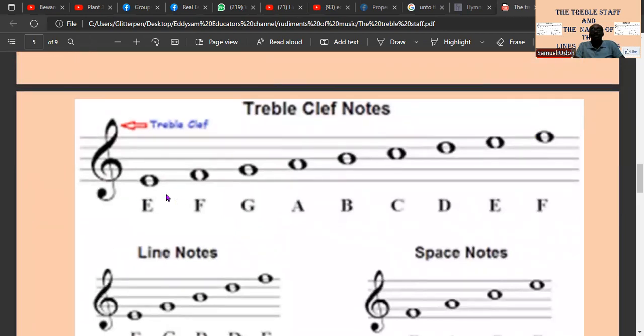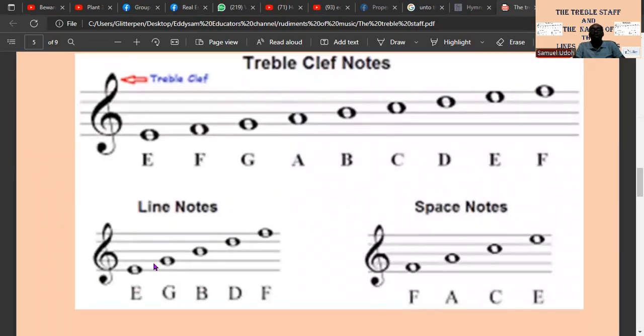This is the combined lines and spaces. Over here, we have just the line notes, while here we have the ones on the space. That's the spaces on the staff. We have the notes on the lines of the staff. Over here you have an E. The space is F, so you ignore that one.